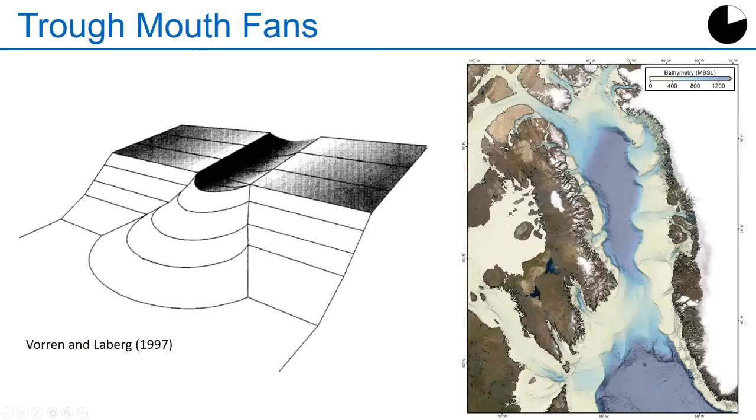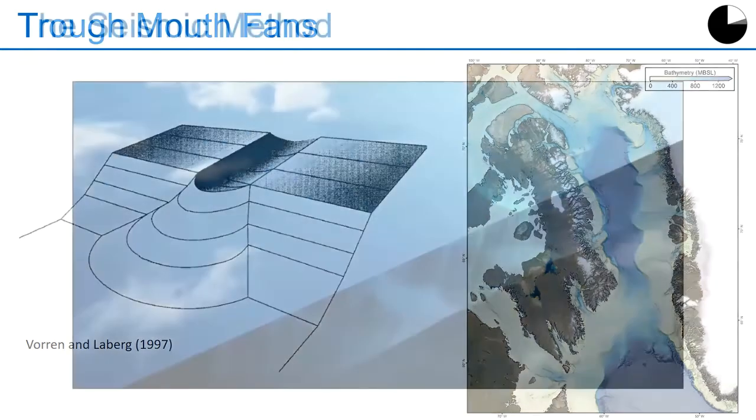So you can kind of see these bulbous shapes at the end of some of the troughs in Baffin Bay. And these contain many of the eroded materials from the excavation of the trough, but they also contain materials that have been transported by ice streams from elsewhere on Greenland. Now, they typically contain a record of multiple glaciations, so they can go back to maybe even 3 million years.